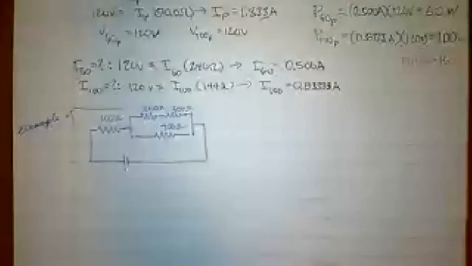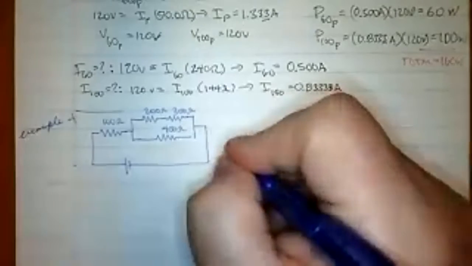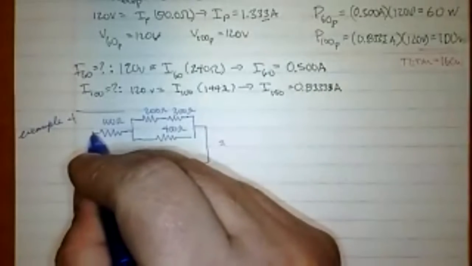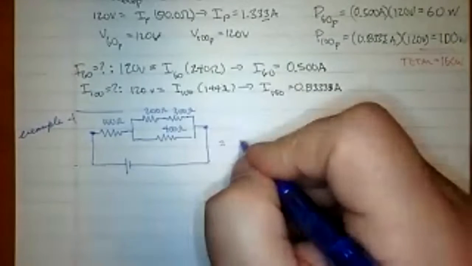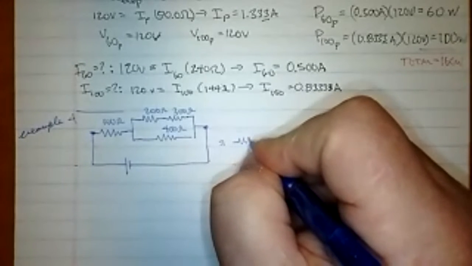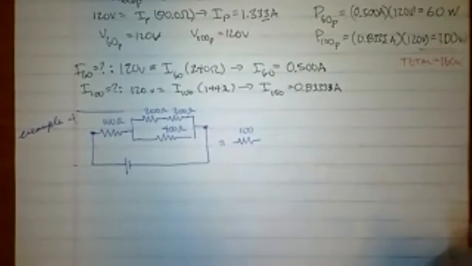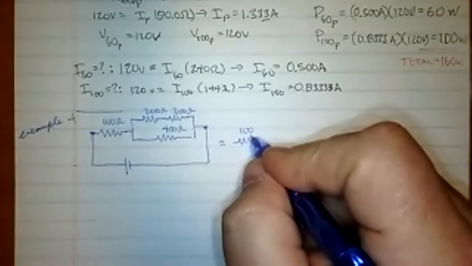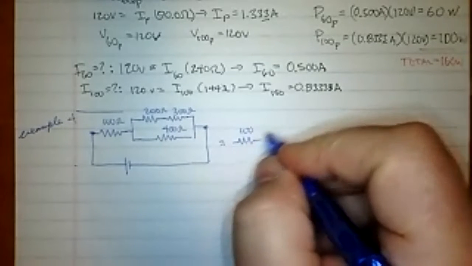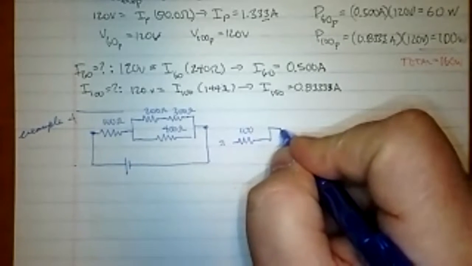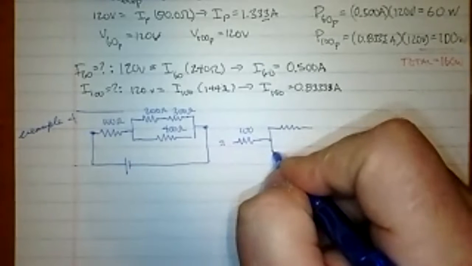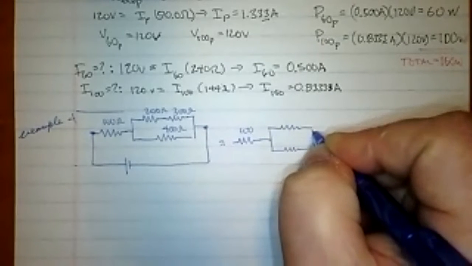So first off, I'm going to say this is equivalent to, I'm going to ignore from here down back up to here. And we're going to say this is equivalent to the 100 ohm. Notice how I dropped the units right quick. It's obvious that you're talking about ohms since it's over a resistor symbol. And I'm going to replace this with 1 resistance and this with 1 resistance already.